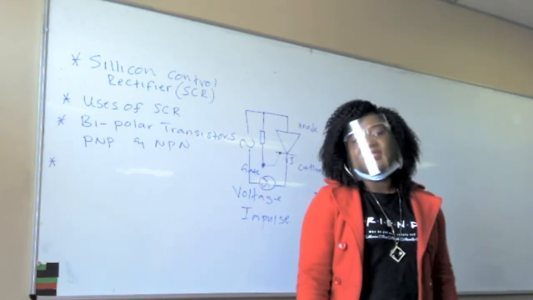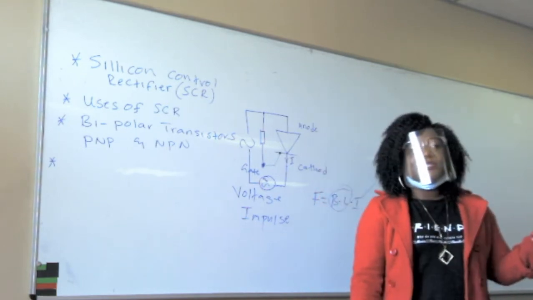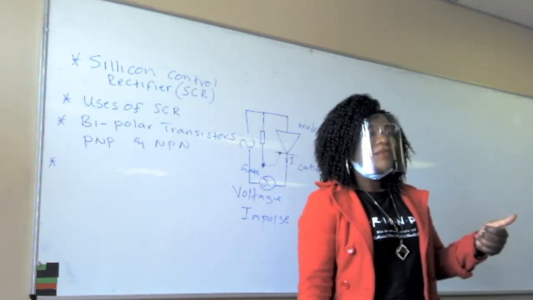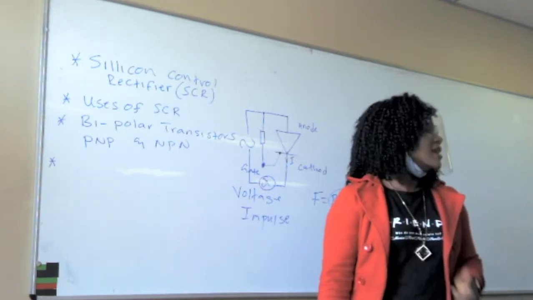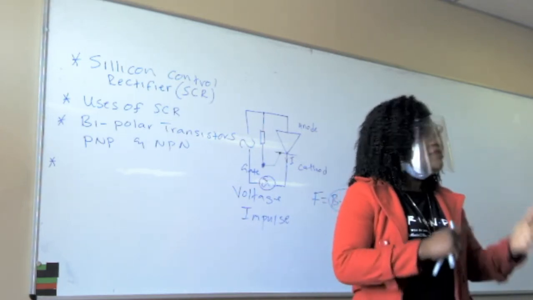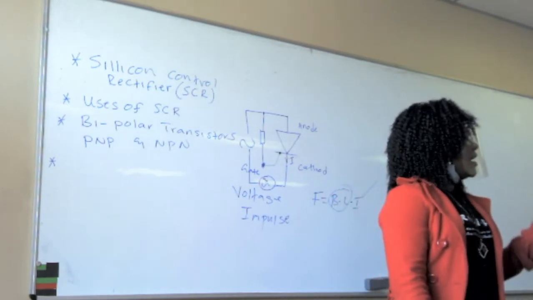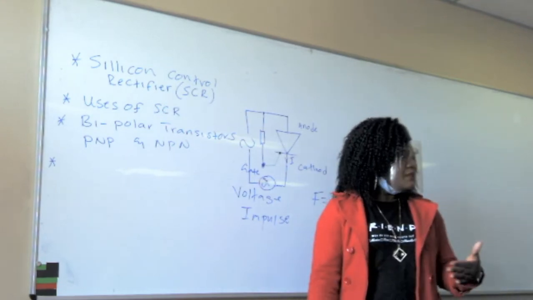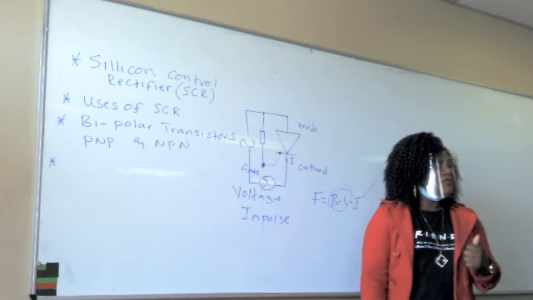So mention those things as long as you need to regulate. Lastly, they also use it in the ignition system of the car, in the engine. In the ignition system of the car, we also use SCR because you are regulating the speed of your car. The more the speed, the higher the current, the more the voltage impulse applied on the gate. This is the use of SCR.